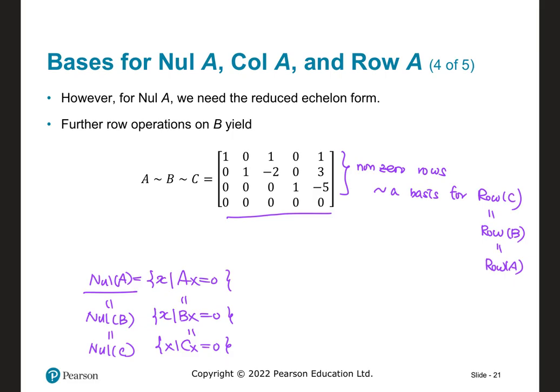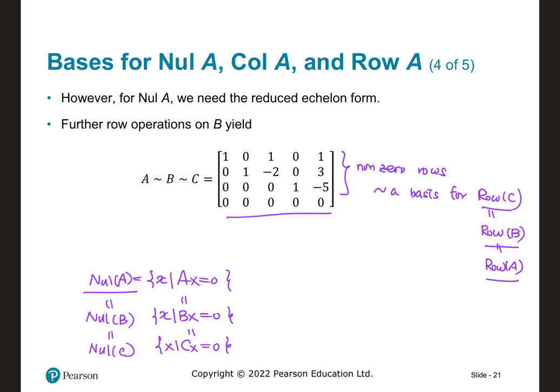So when I consider the subspaces in this domain, row space of A, row space of B, row space of C are all the same. And null space of A, null space of B, null space of C will be all the same.